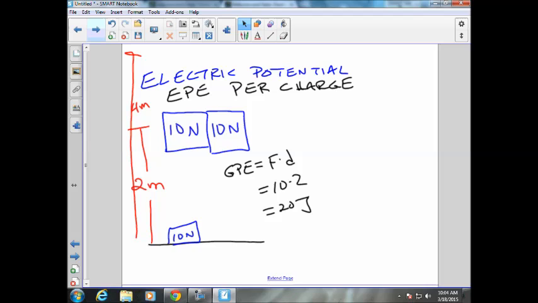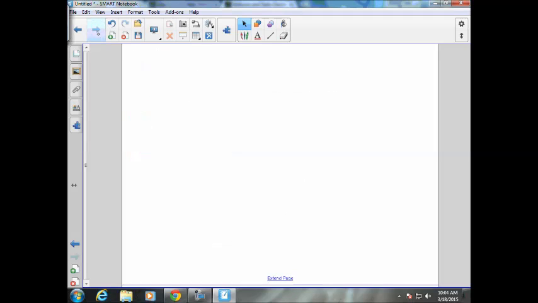So what we're looking at here now is not just how much electric potential energy there is, but how much electric potential energy there is compared to how much charge you are actually moving. Again, there is no mechanical equivalent to that.